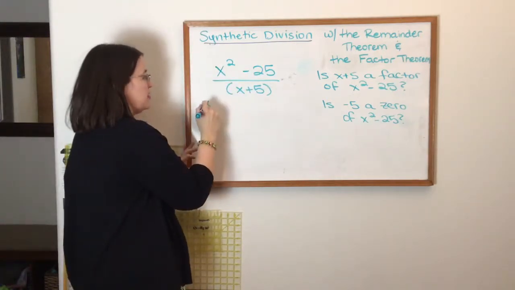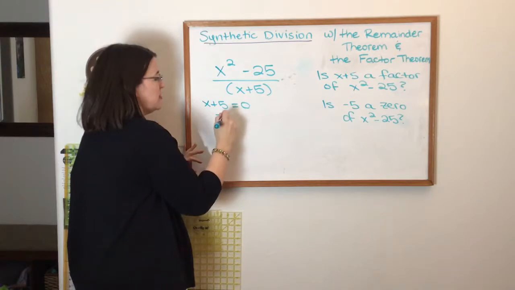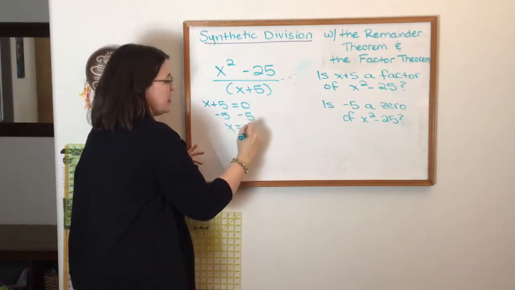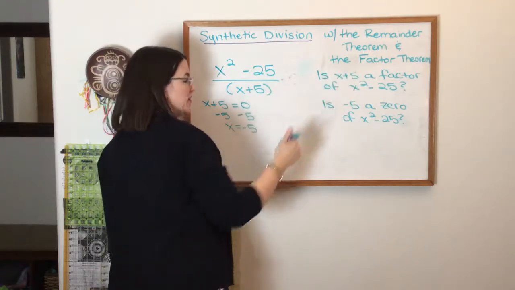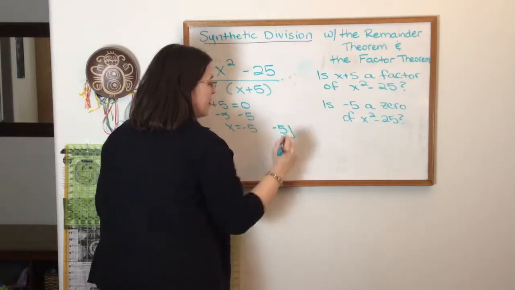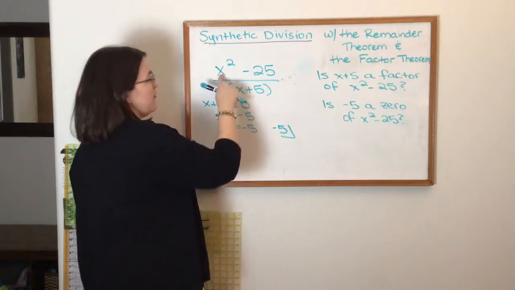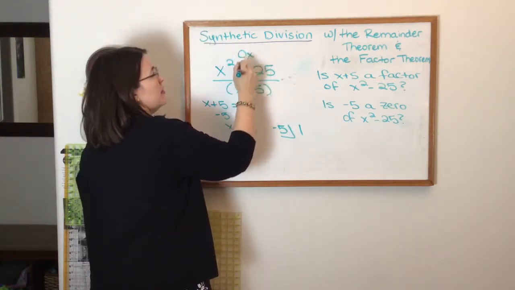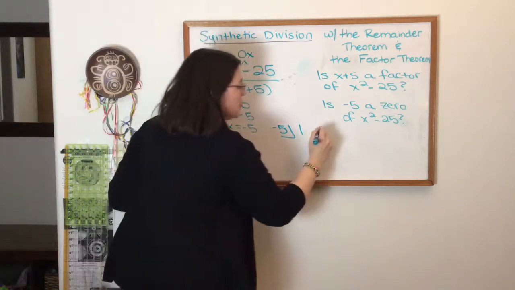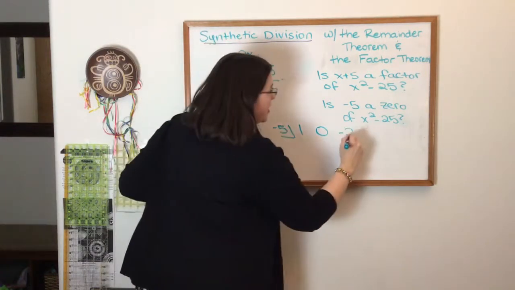So first step is x plus 5 equals 0, subtract my 5, I'm testing -5. Testing my 0 to see whether x plus 5 is a factor. So I put that in my backwards L, or if you like the other form, I have a 1 in front of my x squared. Notice I'm missing an x term, so I have to put in a placeholder, and then I have -25.